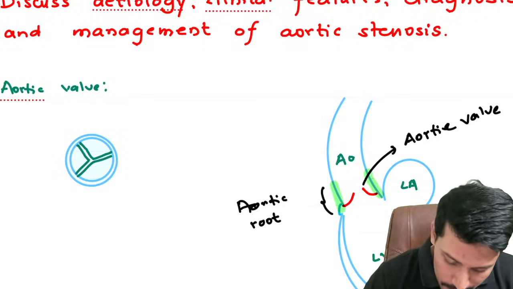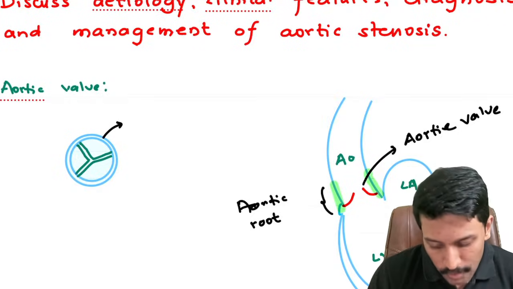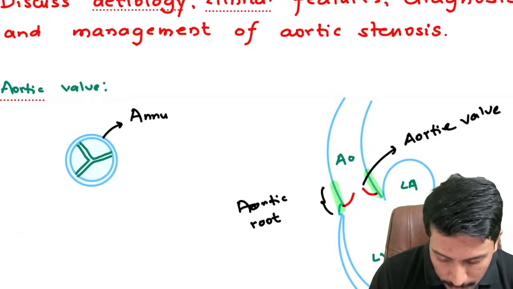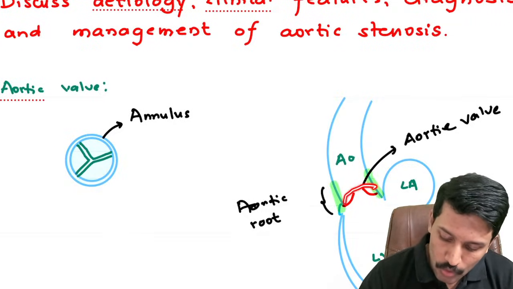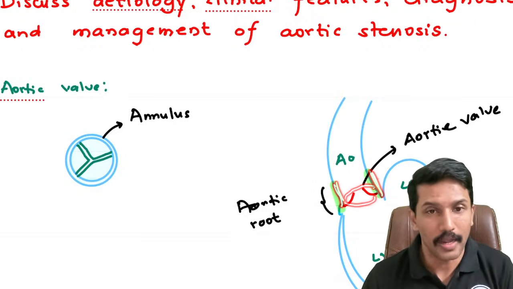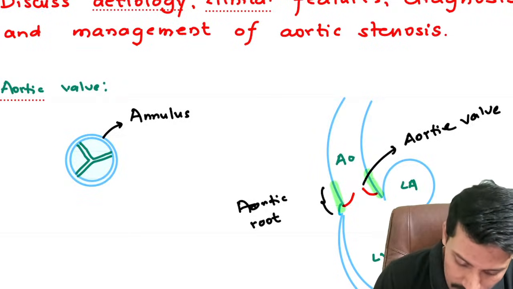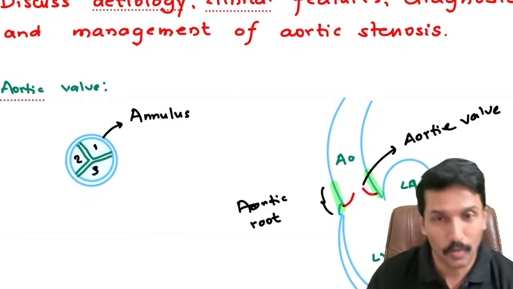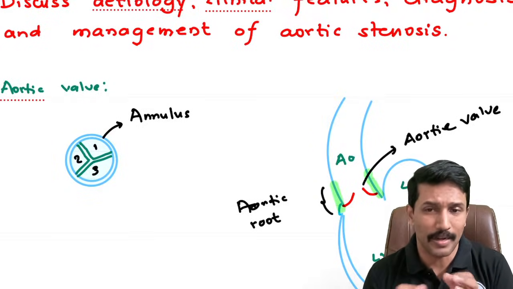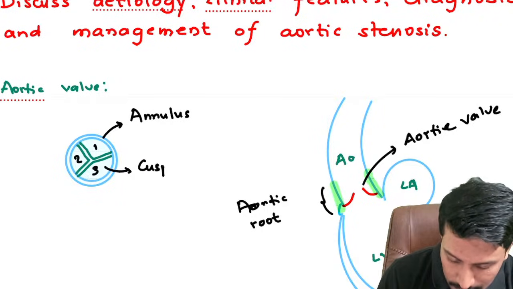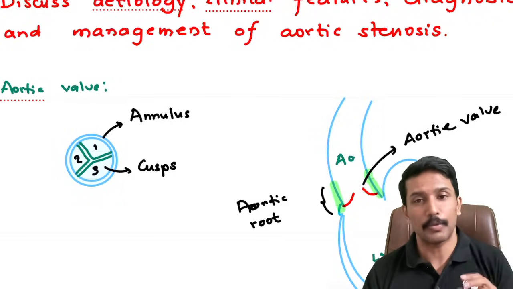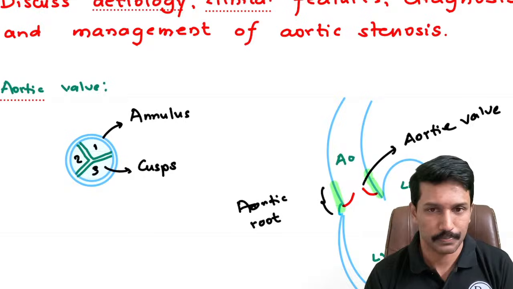So this part of the aortic valve is called the annulus. The annulus is a connective tissue ring which helps the cusps to hold on to the wall of the aorta. And then there are 3 cusps. We can number them as 1, 2, 3, or you can also call them the right, left and non-coronary cusps. So these 1, 2, 3 are the cusps or leaflets. So the aortic valve is a 3 leaflet or 3 cusped valve.